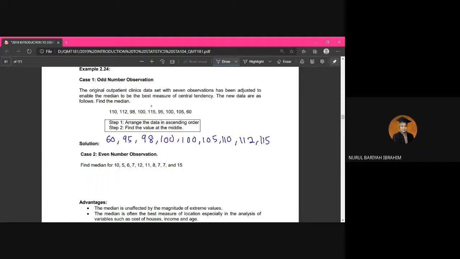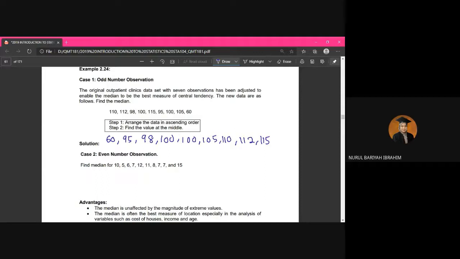Okay, so first we arrange the data and then find the value at the middle. So the value at the middle will be yang keberapa? Okay, sorry.